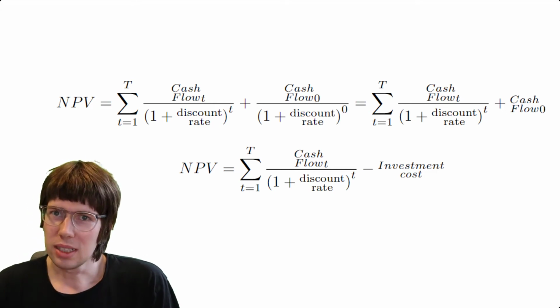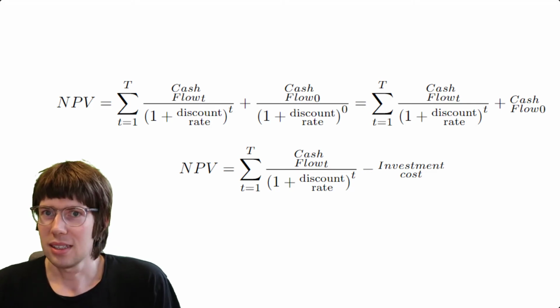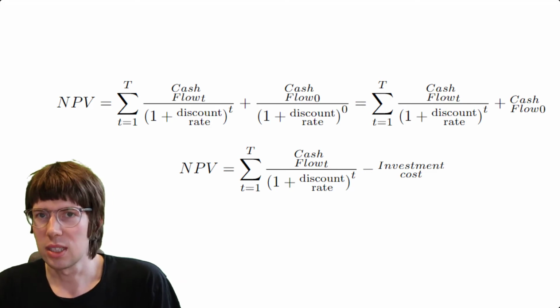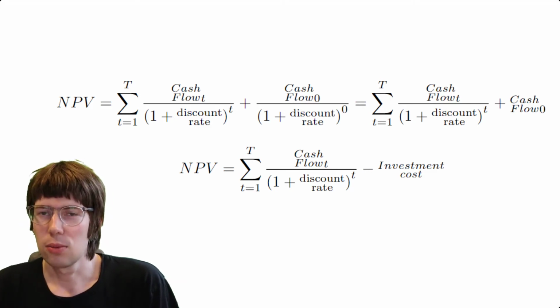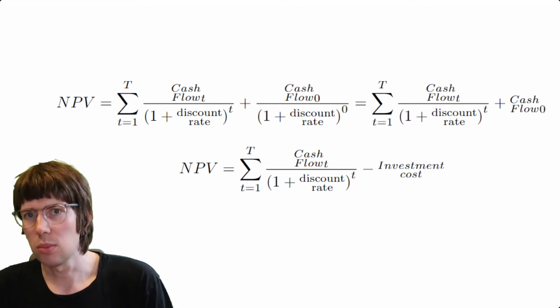And here it is very easy to step into the salad, because people confuse the concept of a cash flow with that of the investment cost. The cash flow is a number that you always add, because a cash flow can be positive and it can be negative and it can be 0.